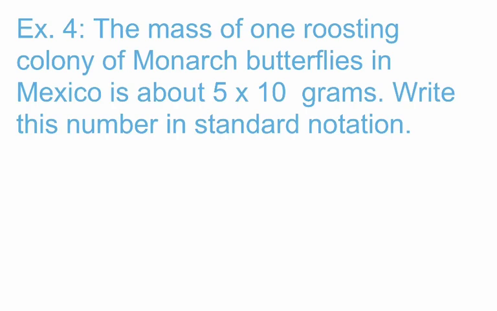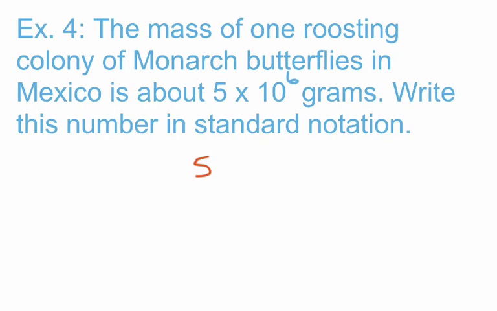Alright, for our 4th example, this one is a word problem. It says the mass of one roosting colony of monarch butterflies in Mexico is about 5 times 10 to the 6th grams. We want to write this number in standard notation. So we start off with the number that's in front of the multiplication sign. That's just the number 5.